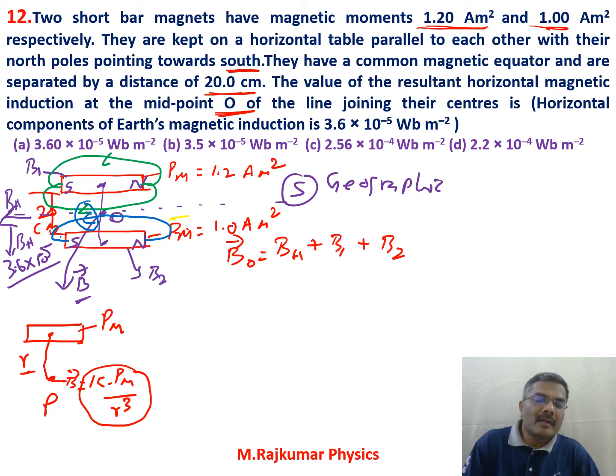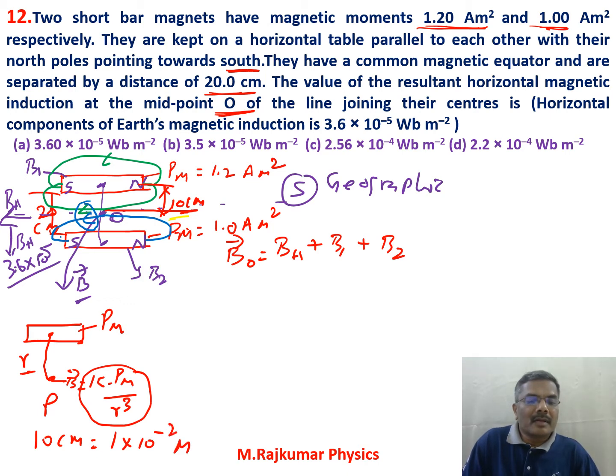So what is the R value in our case? The R value is 10 centimeter. If I find the magnetic induction at this particular point O, both magnets are at the same distance, 10 only. This 10 centimeter is nothing but 1 into 10 power minus 1 meter, that is, 10 into 10 power minus 2 meter.